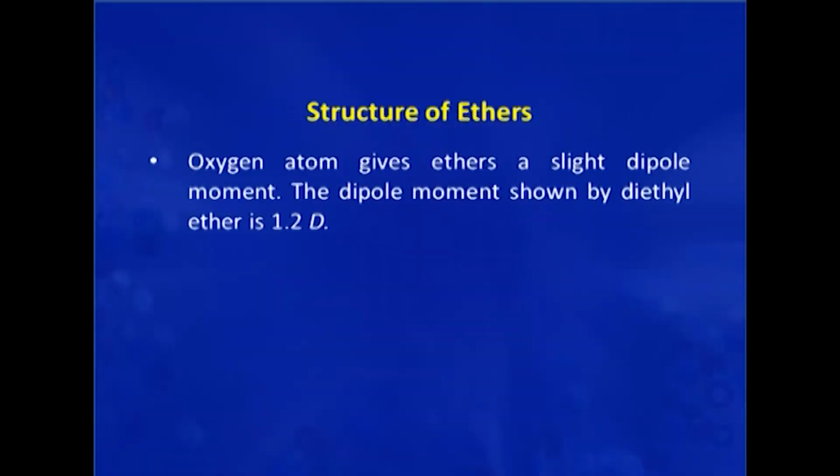So, in case of ethers, deviation from the normal tetrahedral angle is because of the size of the alkyl group, and this kind of distortion in bond angle is also responsible for the molecule showing some dipole moment. It has been found that the oxygen atom in ethers has slight dipole moment. As a result, diethyl ether has a dipole moment of 1.2 Debye units.